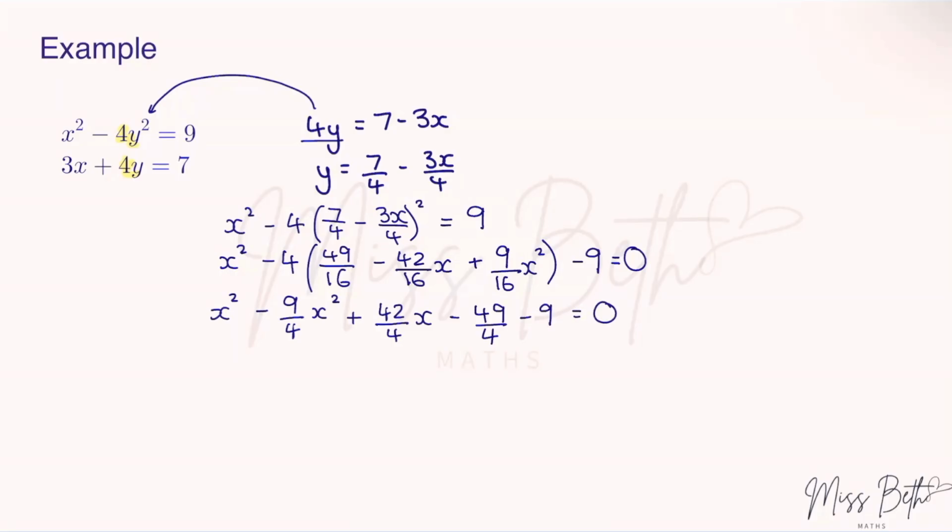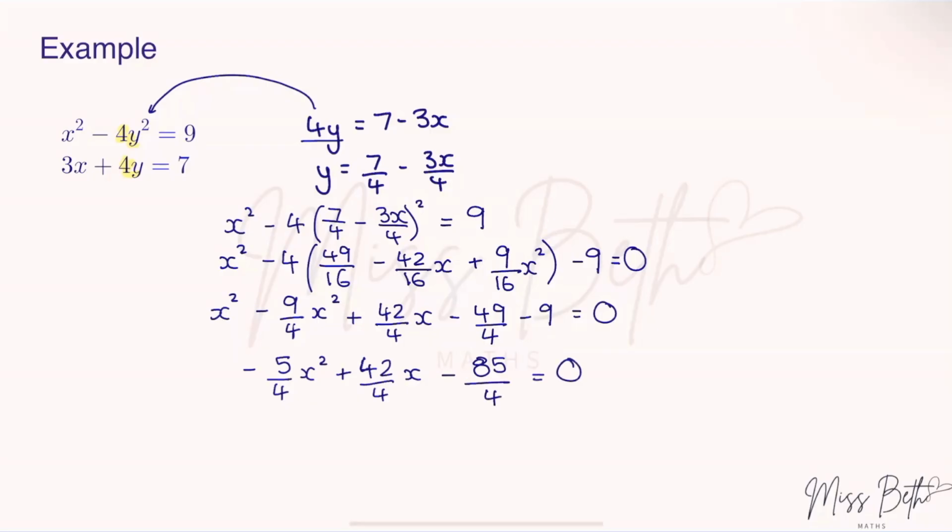Okay, let's keep simplifying. So x squared minus 9 over 4 x squared, that's going to give me negative 5 over 4 x squared. The plus 42 over 4x is going to stay as it is. And then this last part would simplify to minus 85 over 4.